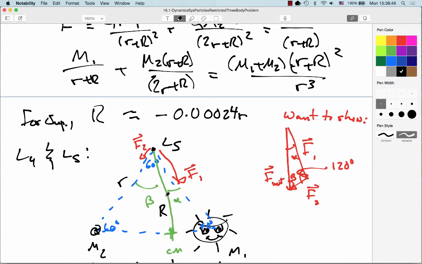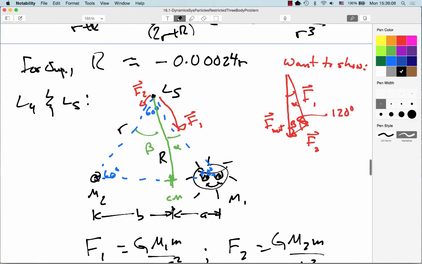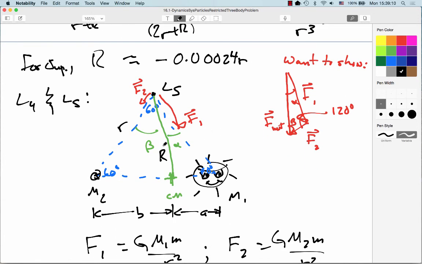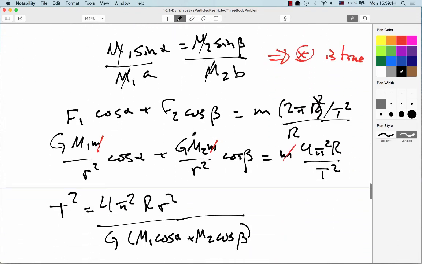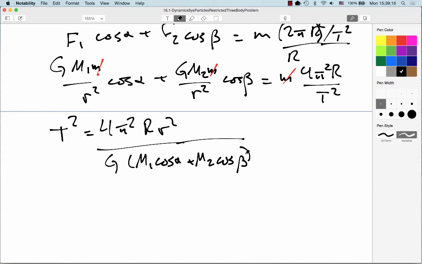Capital R here is equal to little r times the cosine of alpha, or it's equal to little r times the cosine of beta. So the one thing we know is that the cosine of alpha and cosine of beta have to be the same. So that's at least something.